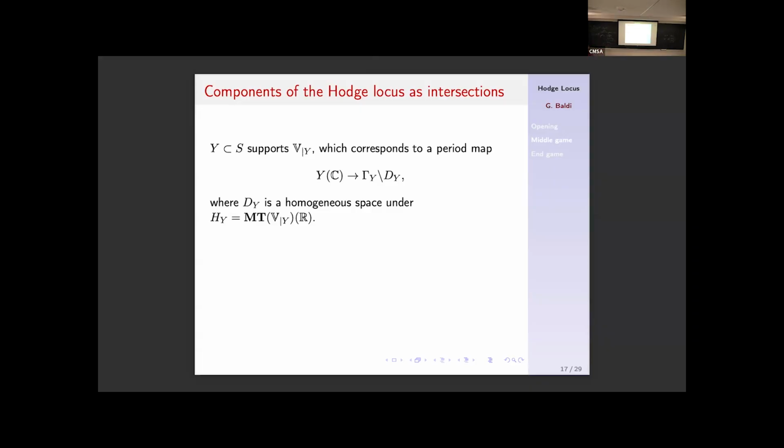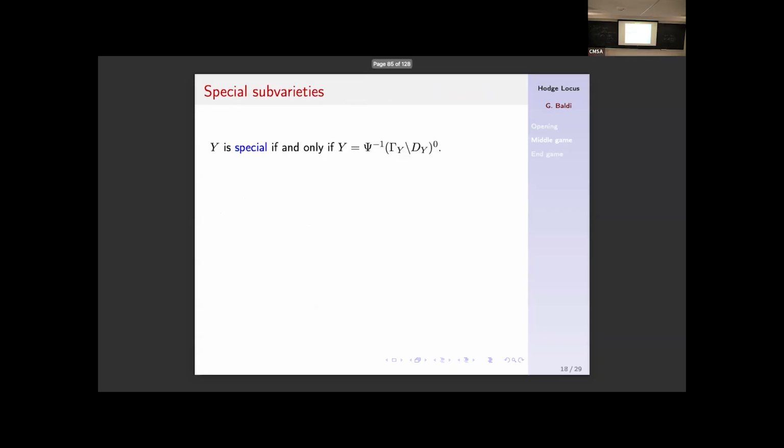So the Mumford-Tate group of V restricted to Y. And naturally, from this game that we were playing here, these Y symmetries lie in the global symmetries of the system. And then we obtain a square like this. That's the fundamental commutative square. So Y lies in its own small period domain that lives in D mod Gamma, and it factors through S. That's true for every single Y, even a point.